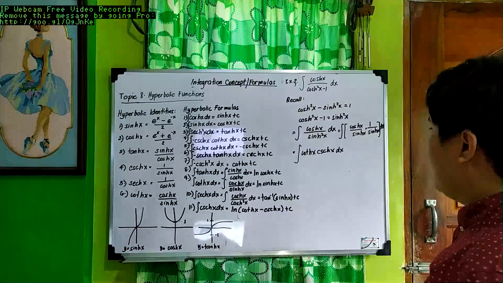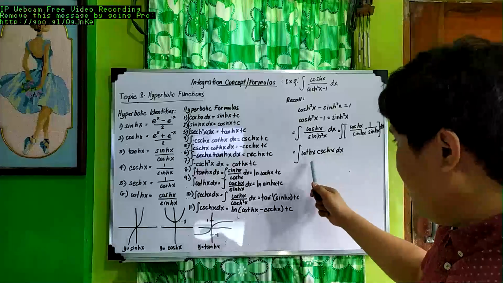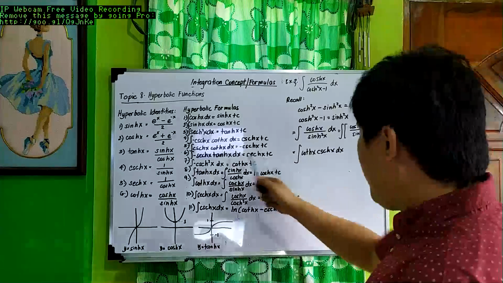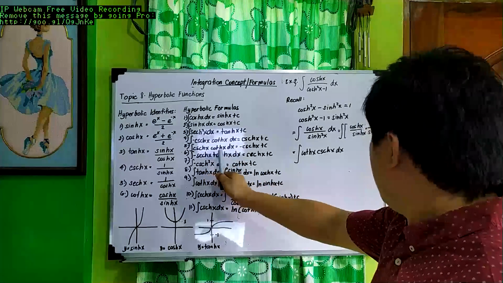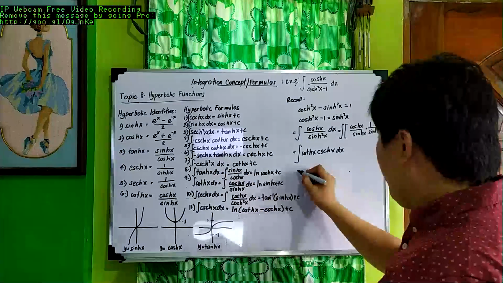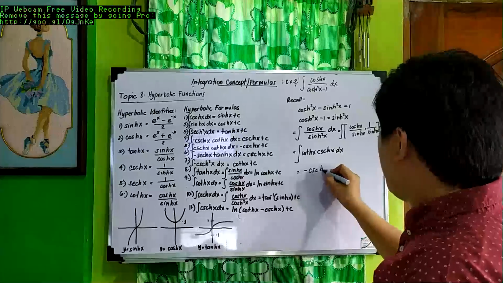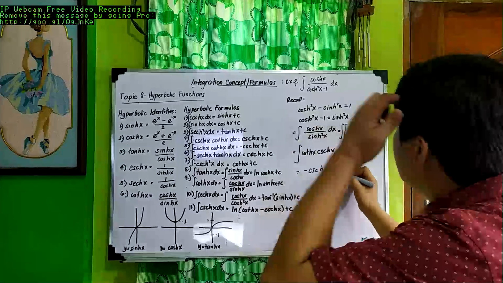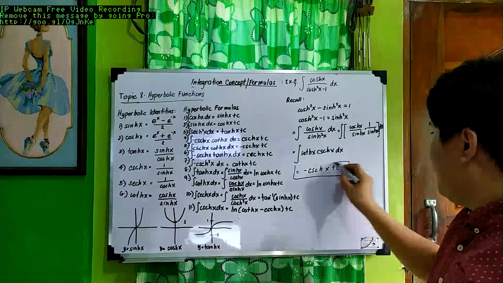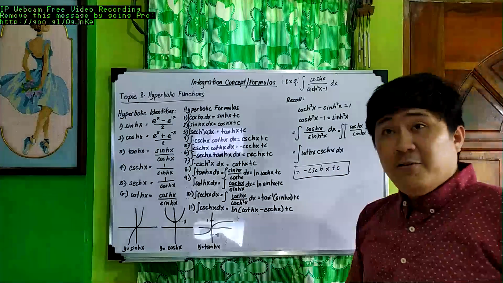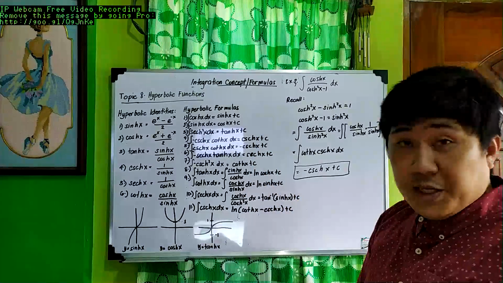This is very cool because we already have this one. Cosecant hyperbolic, cotangent hyperbolic x. So therefore, we already have the answer: negative cosecant hyperbolic x plus c. That is the beauty of really knowing identities or formulas.